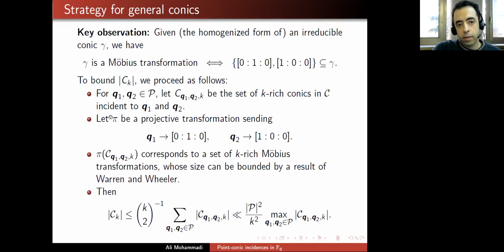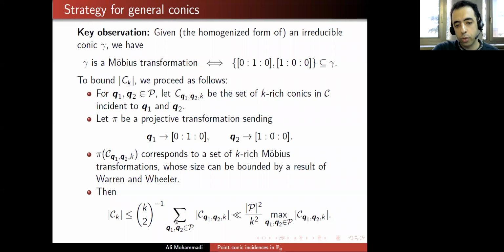And again, to go from C_{Q1,Q2,K} to just C_K, as in from this information about certain conics to all of our conics, again, we want to take the contribution. We go over all 2-tuples of points. We sum up these numbers of C_{Q1,Q2,K}.